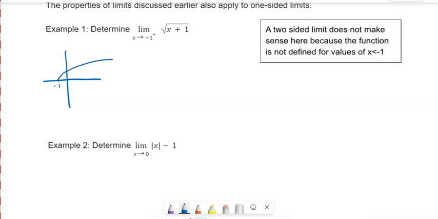And so it doesn't make any sense to try to approach this limit from the left. There's no values there. So we're only going to go from the right for this one. Okay, so the limit as x approaches -1 from the right, I'm going to plug in my value, and I'm going to see that the limit is approaching 0.